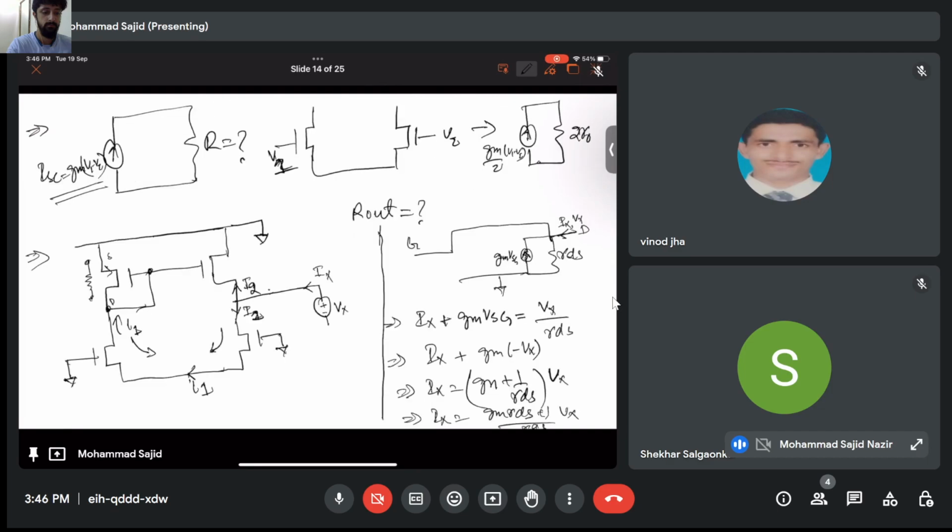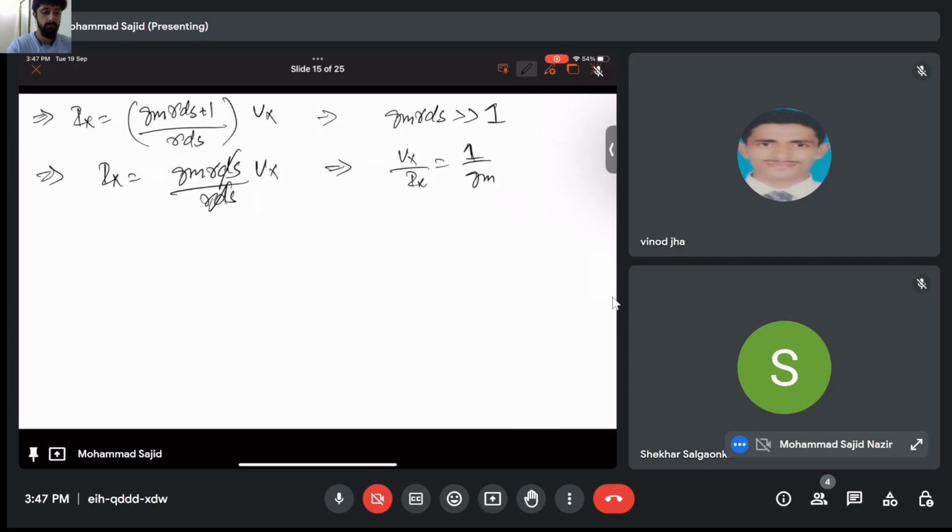So if we look here at this point, this is a resistance of 1 by Gm. So if it is a resistance of 1 by Gm, what is the potential developed here? Current of I1 is coming and there is a resistance 1 by Gm, so potential will be I1 by Gm, right? So the potential of I1 by Gm gets developed here.